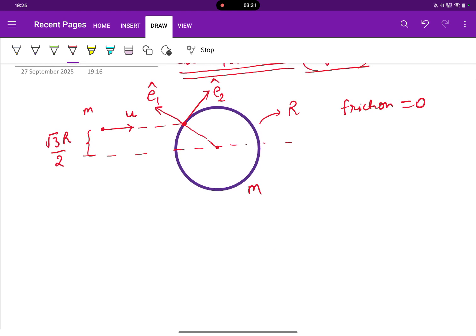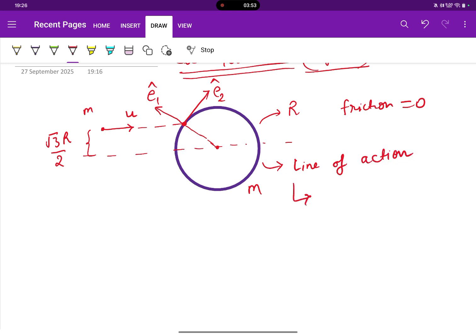So what actually happens is, when this particle collides with the disk, it is going to change the momentum of the disk along the line of action. And what is going to be the line of action?